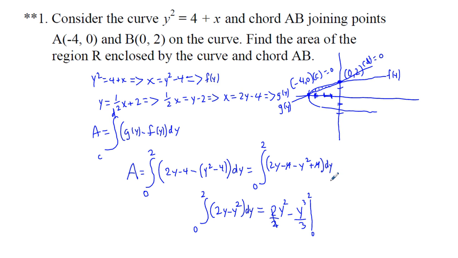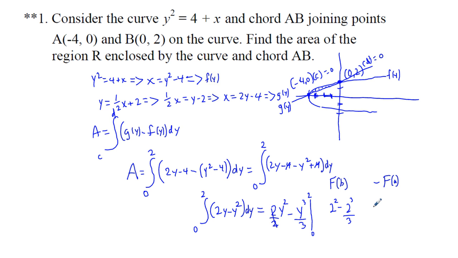And now, using our fundamental theorem, big F of B minus big F of A, conceptually, we're going to plug in 2, so we get 2 squared minus 2 cubed over 3.